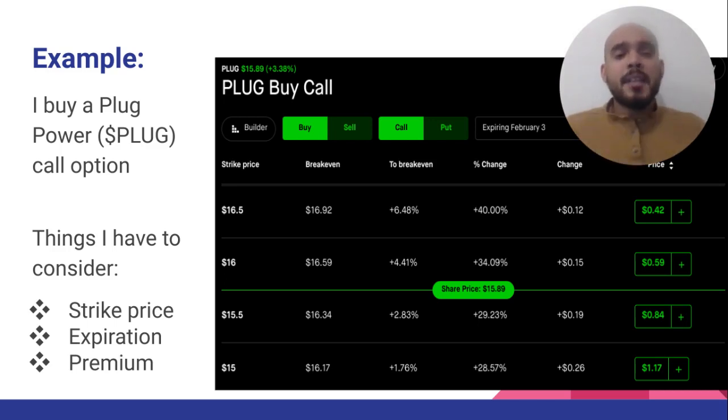So way out of the money contracts tend to be a little cheaper because they're less likely to happen for calls. And calls is, you're agreeing to buy contracts, so you're expecting the price to go up. So you kind of have to gauge what's the intrinsic and extrinsic value of the stock, and people do stock valuations and options valuations to better understand that. That's a whole other study. I'm just giving you all the basics.